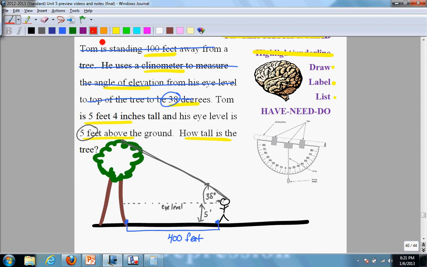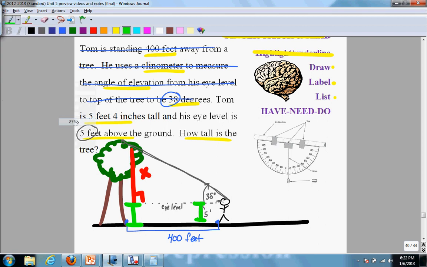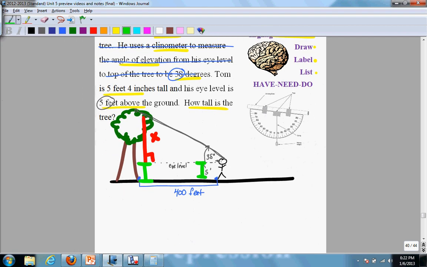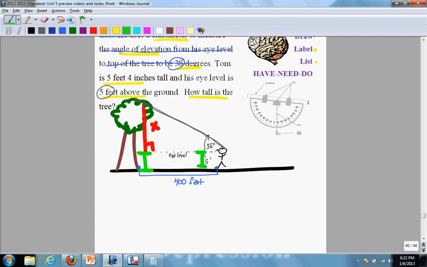This actually is in 2 steps, because finding this x is not the full height of the tree, because we are short this 5 feet. But we are going to find x first. So we start by labeling opposite, adjacent, and hypo.